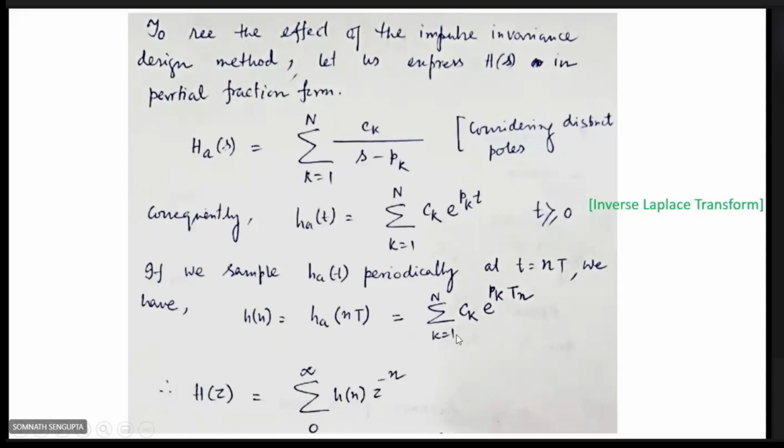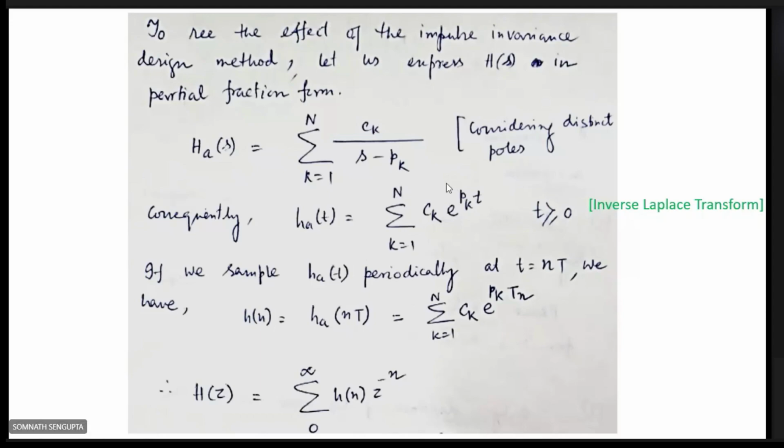So it is summation k equal to 1 to n Ck e to the power pk nT. So we are considering only the poles here.